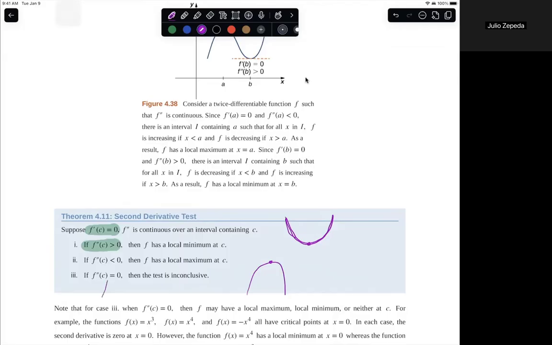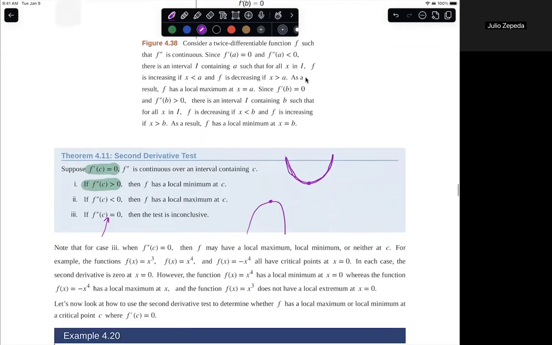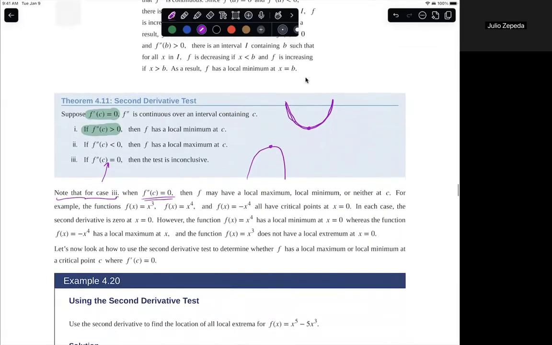But there is one downside to this test. If the second derivative is equal to 0, then the test is inconclusive. Note that for case number 3, when the second derivative is equal to 0, then f may have a local maximum, local minimum, or neither at c.